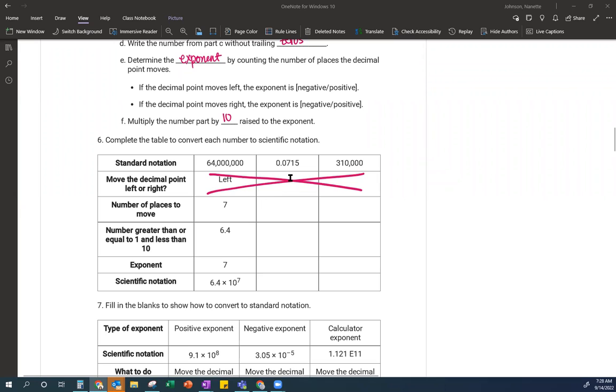So how many places did you need to move this? So here they did 7. So count 1, 2, 3, 4, 5, 6, 7, right? And then the exponent is 7, right? We need to know the number of places because it tells us our exponent in scientific notation. So now that you know this, can you try these two? Pause the video, and try these two.